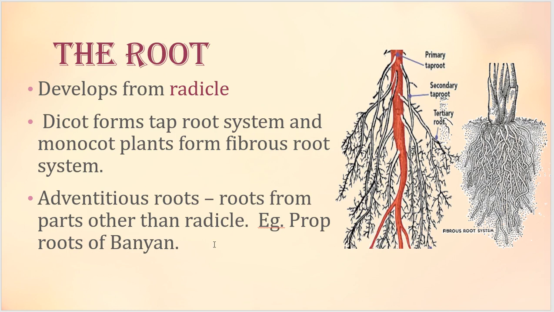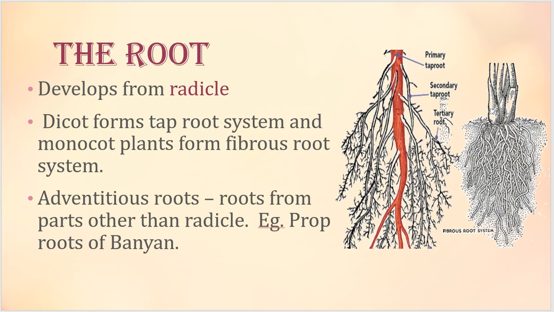And one more kind of roots that we could notice in plants is adventitious roots. Adventitious. What is the meaning of the word adventitious? Adventitious means anything which is beyond its original source of origin. So adventitious roots are roots which are produced from parts other than radicle.